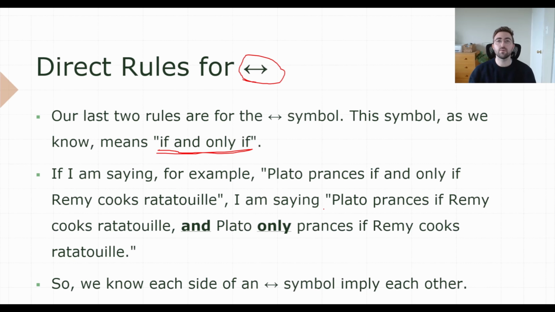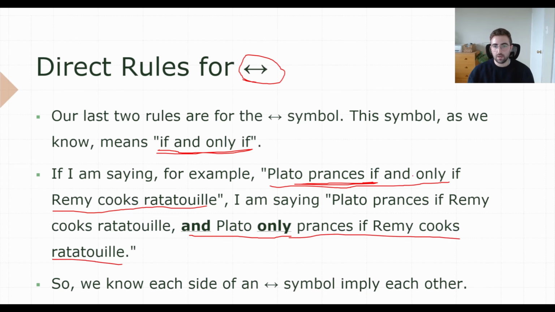But if I'm saying, for example, that Plato prances if and only if Remy cooks ratatouille, then I'm saying Plato prances if Remy cooks ratatouille. That's what the if there is. And Plato only prances if Remy cooks ratatouille, right? That's what this part is.